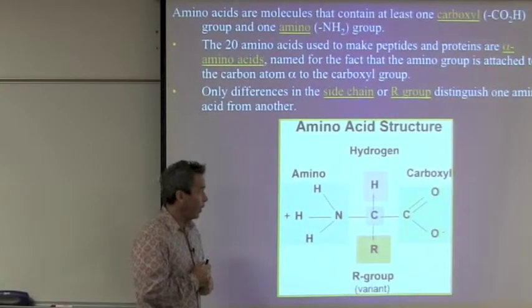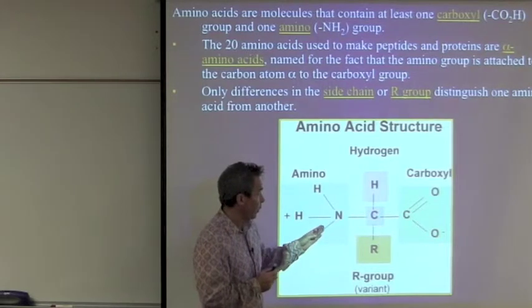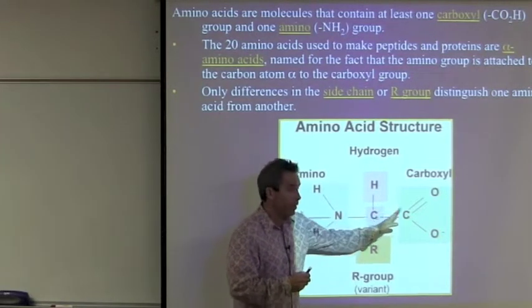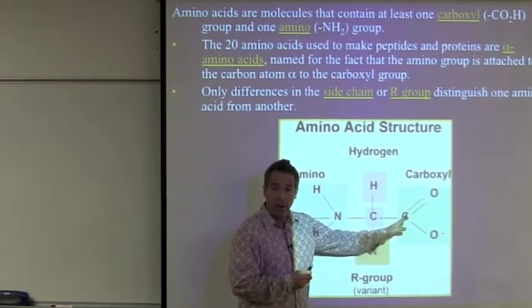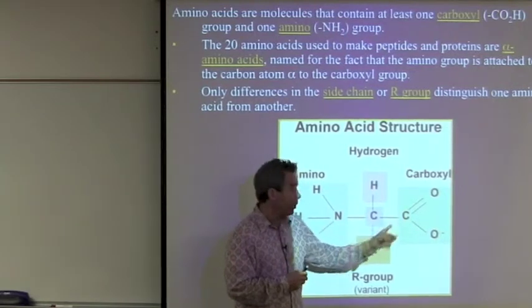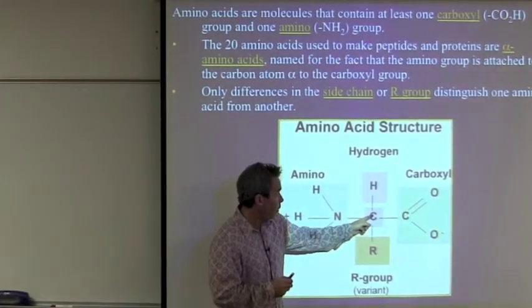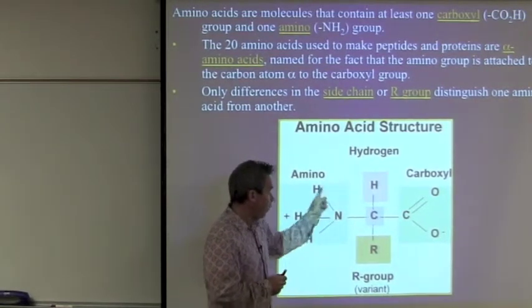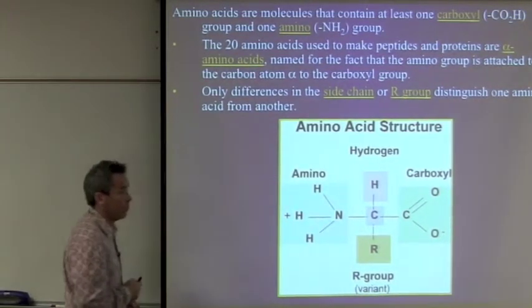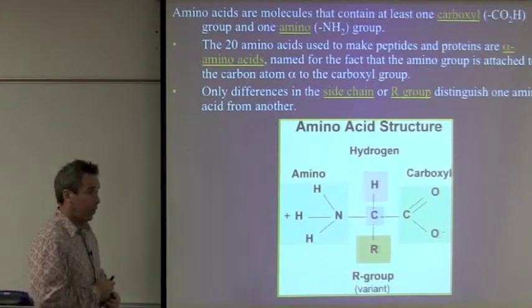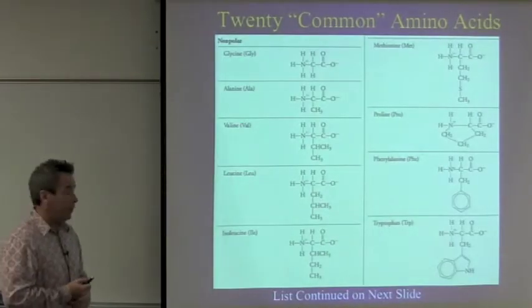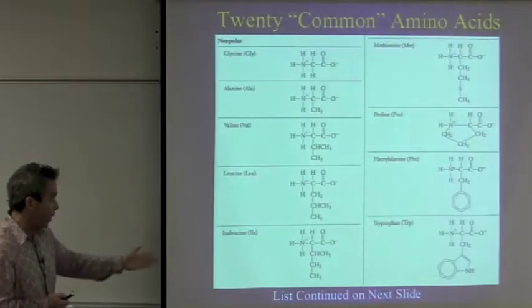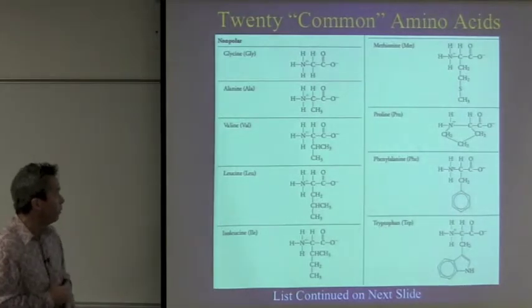When you're thinking about the structure of amino acids, you'll see this NCC, where the C on the right will be the carboxyl group. The C in the middle will be bound to a hydrogen and the variant group, and the N will be the amino group. So they're always written with the amino on the left and the carboxyl on the right. There are 20 common amino acids, and I have them here and continued on the next slide.